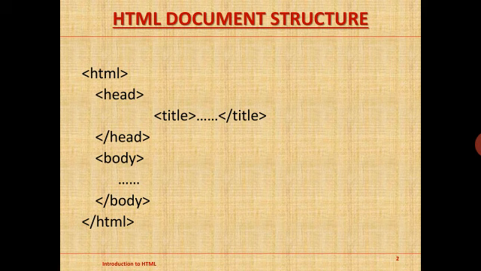Today, let us recall the structure of HTML document. Every HTML program follows the structure shown in the presentation. The first tag is HTML. It tells the browser that this is an HTML document.